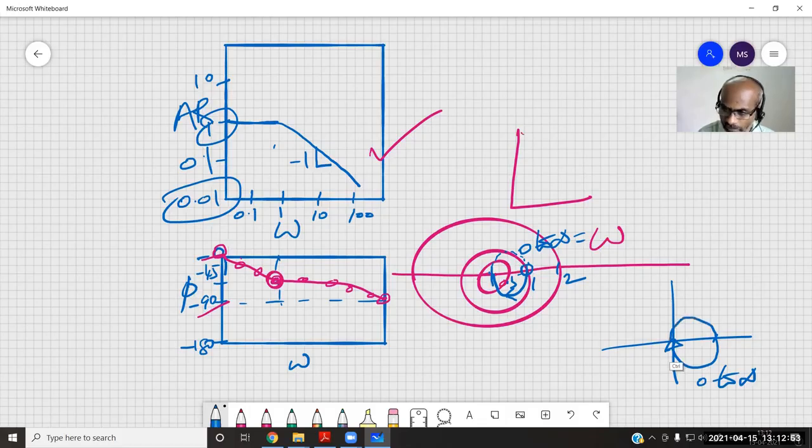Everything is within the 90 degree, so you have the mirror image. I could not draw it correctly, which is for 0 to minus infinity.